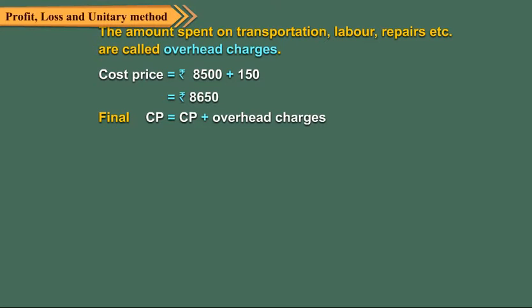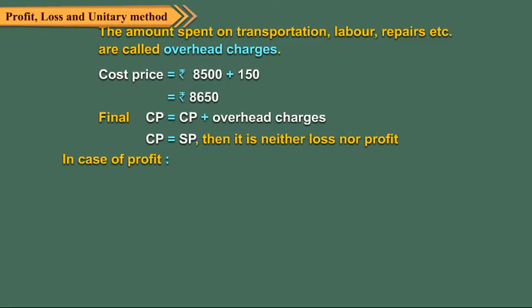Do you know what happens when a shopkeeper sells an article at the same price at which it was bought? Obviously, in this case, the shopkeeper neither gains nor loses. We use the following relationships to find CP, SP, profit or loss. In case of profit, SP is equal to CP plus profit.